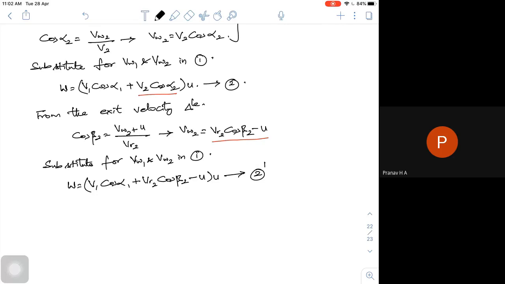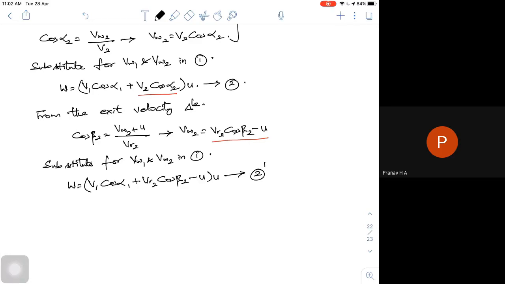Now look at these expressions. One expression I have in terms of alpha and one expression I have in terms of beta. Why have I taken this particular thing? Cos alpha I can write in terms of cos beta, or alpha 2 is equal to beta 1, and VR2 I can write as V1.